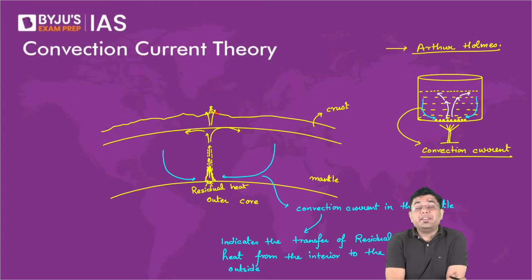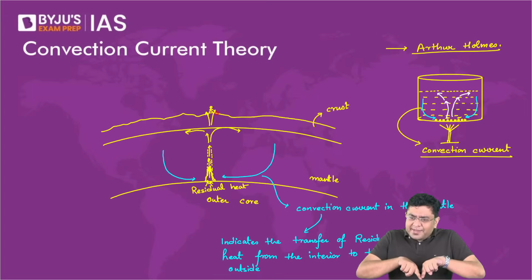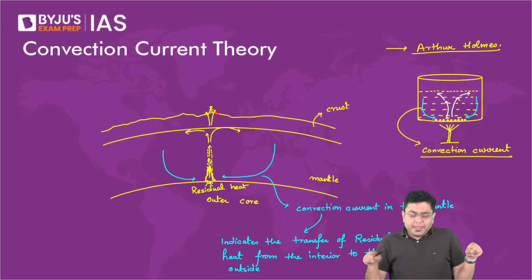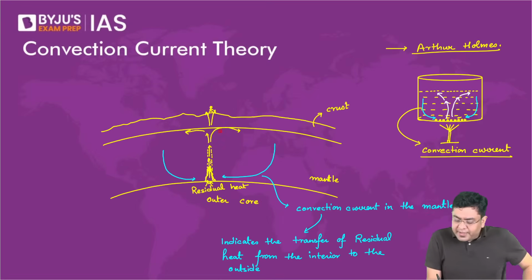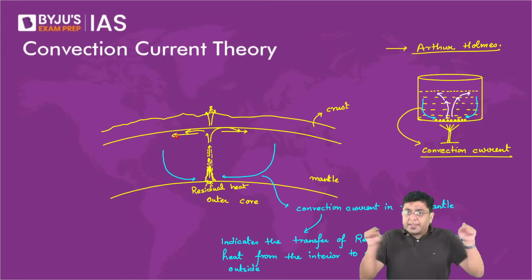And what do you have in that case? If the molten materials break through the surface, you have volcanic eruptions. And then, as this heat diverges, right? Here, the heat diverges. This is the movement of the heat.